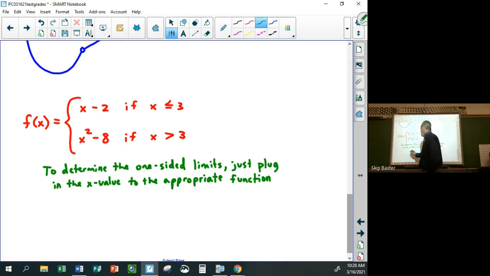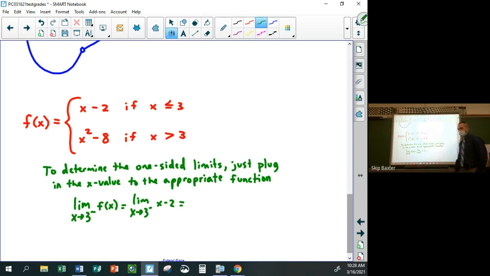Okay, so if I'm trying to find the limit as x goes to 3 from the left, this is really just going to be the limit as x goes to 3 from the left of x minus 2, which I can get by just substituting 3 in. I get 1, right? 3 minus 2.